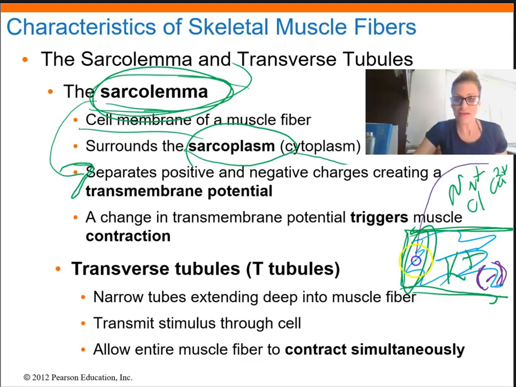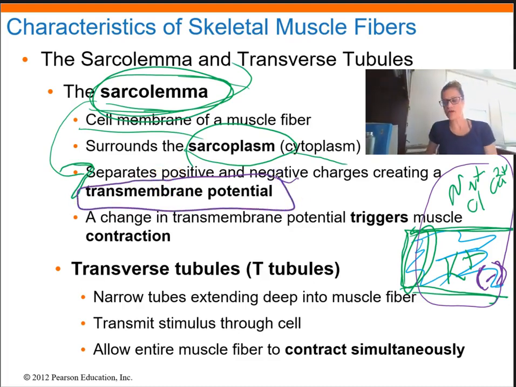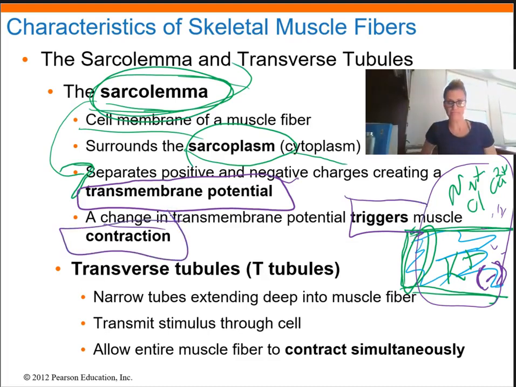Now, this separation of charges creates something called a transmembrane potential. Okay, transmembrane because it's a difference across the membrane. Potential because it's got the potential to make something happen. A change in transmembrane potential is what triggers or initiates muscle contraction.